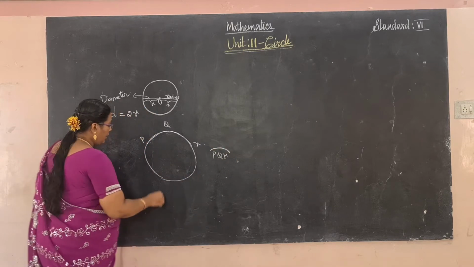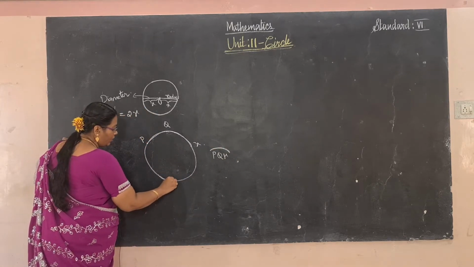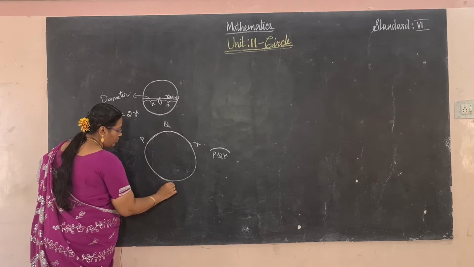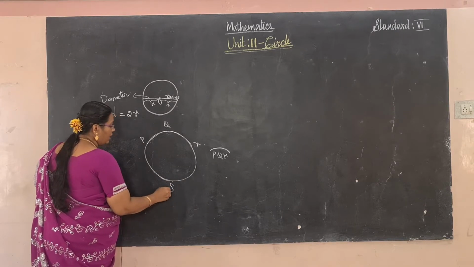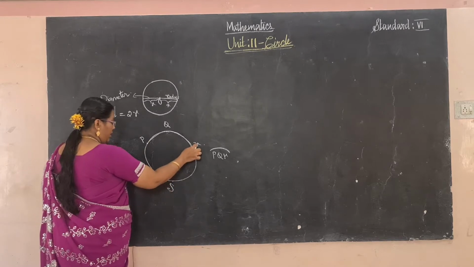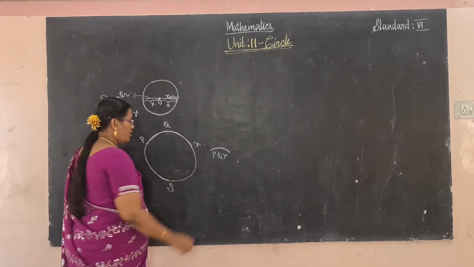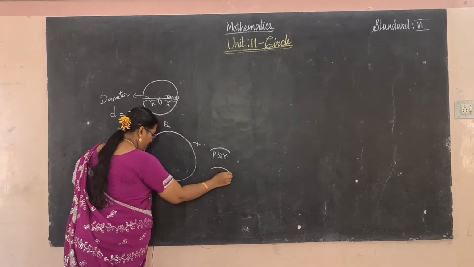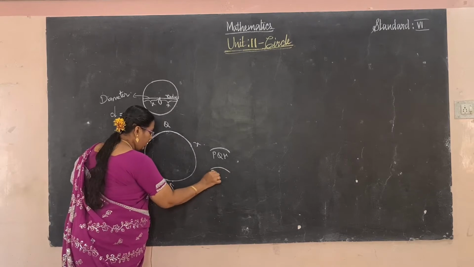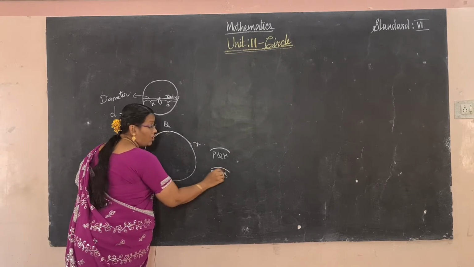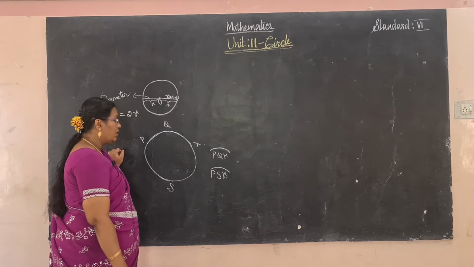Here is another one: P, S, R is also an arc of the circle.